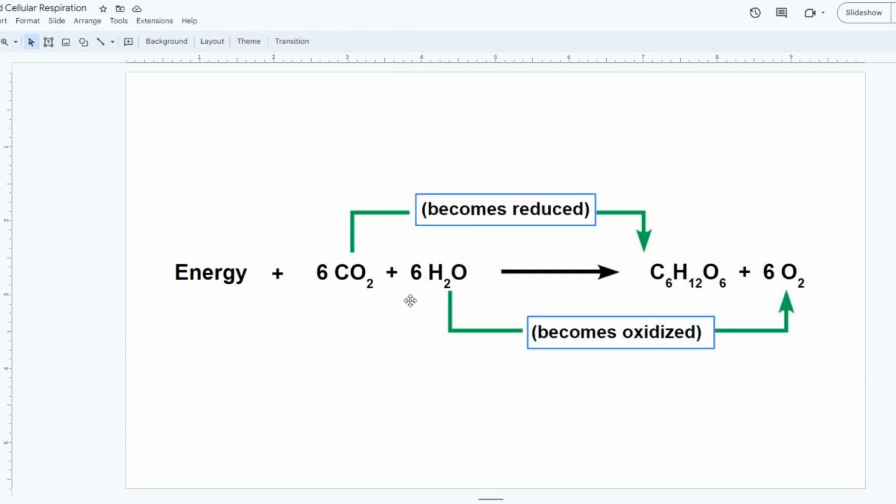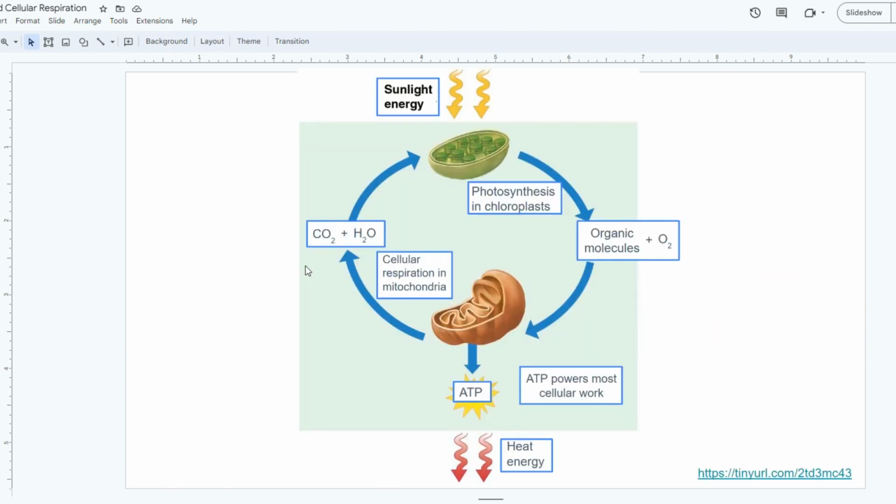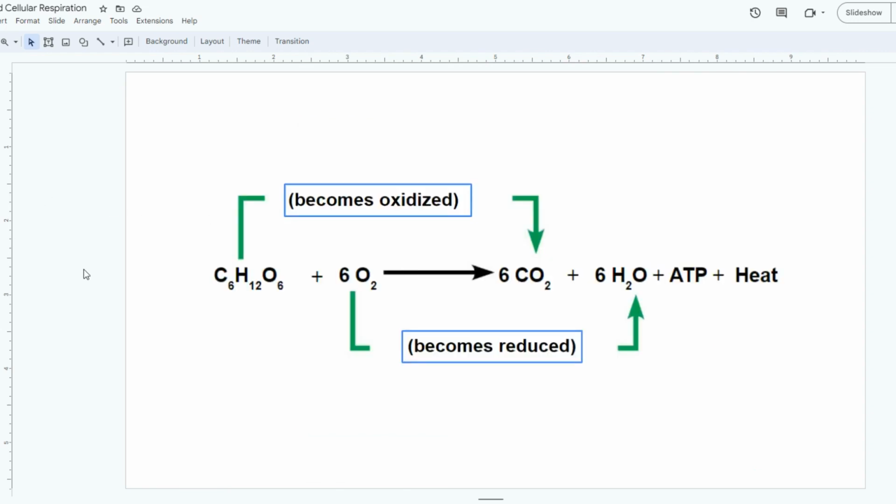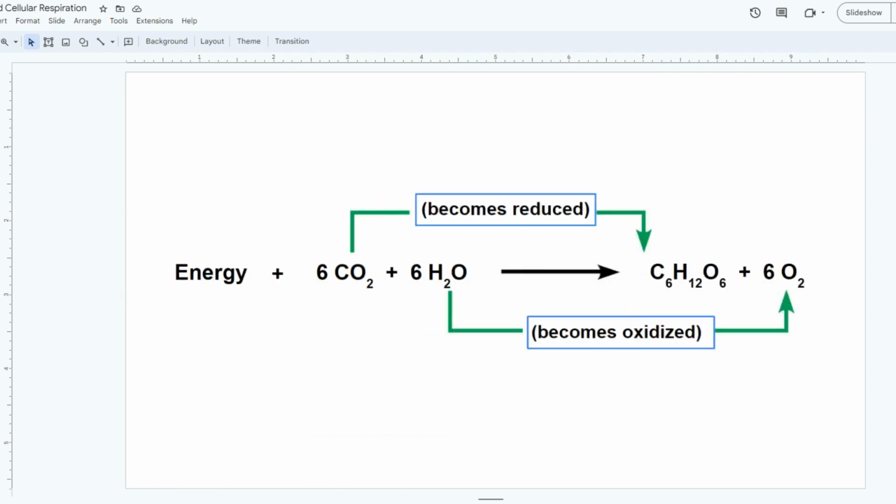We said CO2 and water get turned into organic molecules and oxygen.